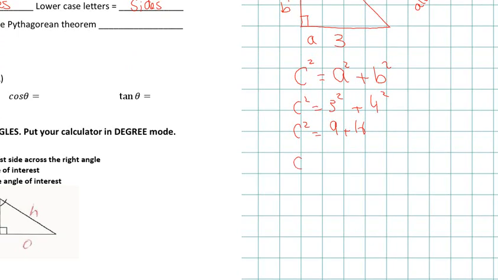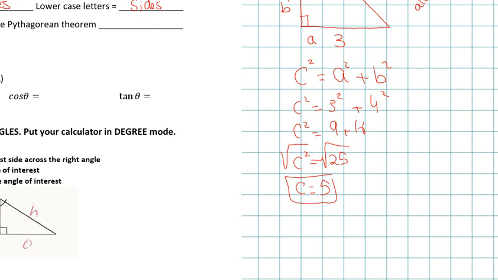So what's C? Because I have to square root to get to the answer. Are we okay with this? Okay, so 3 squared is 9, 4 squared is 16, 9 plus 16 is 25.